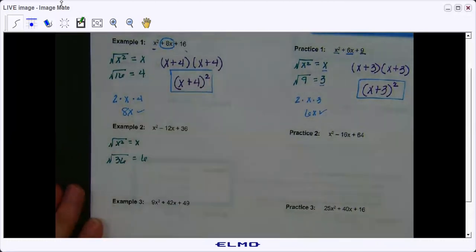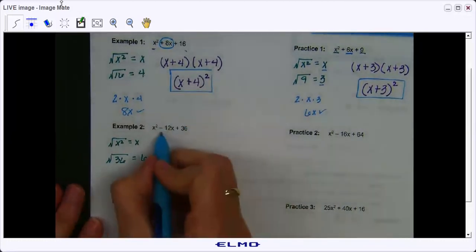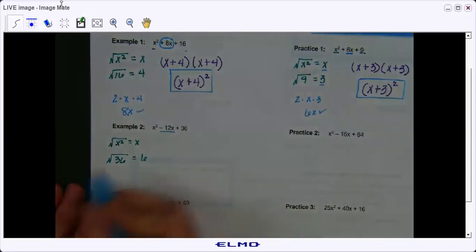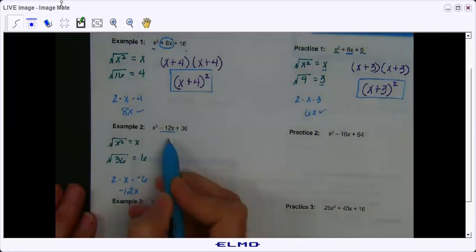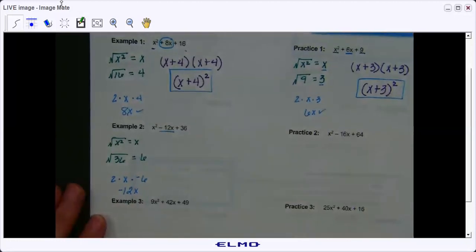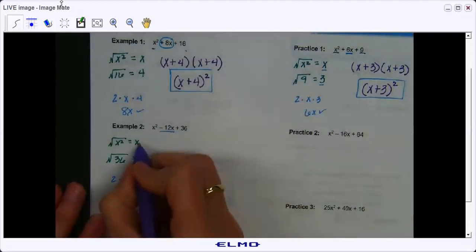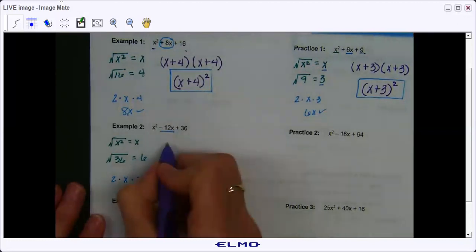We need these to end up with a negative 12, so I'm going to take 2 times x times a negative 6, and I get a negative 12x, which is my middle term. So in this case, my answer is going to be x minus 6 squared.